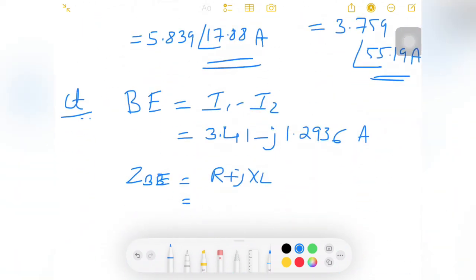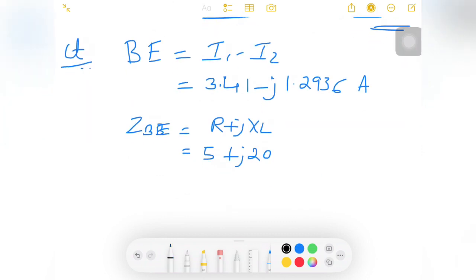I will write that R is 5 ohms, XL is 20 ohms. So I need to find the voltage across VBE, that is equal to the current in the branch, IBE, into ZBE.